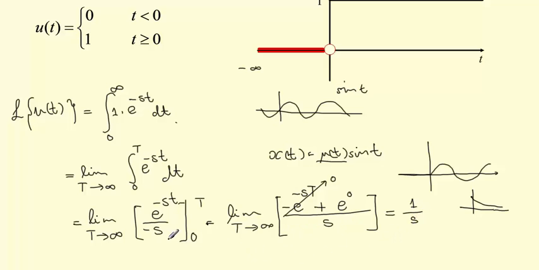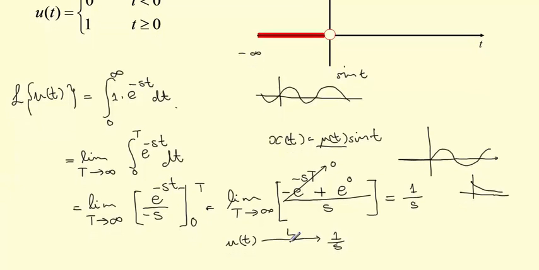What we're saying here is that the unit step function has been transformed via Laplace transformation to 1 over s. So, reflecting on the inverse, the inverse Laplace transform will transform this back to the unit step.